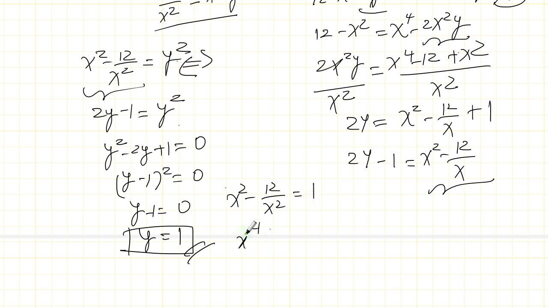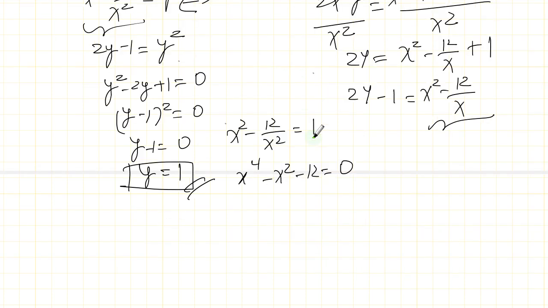This multiplying, coming to this side, is going to be minus x squared, and then minus 12 equals 0. This is simple to solve. This is x to the 4, and we can say here that this is minus 4x squared and plus 3x squared, minus 12 equals 0.